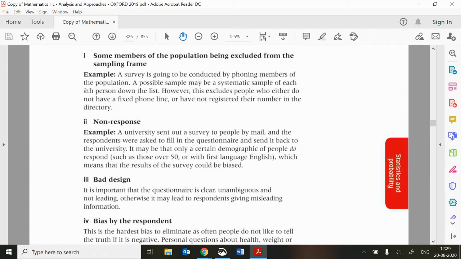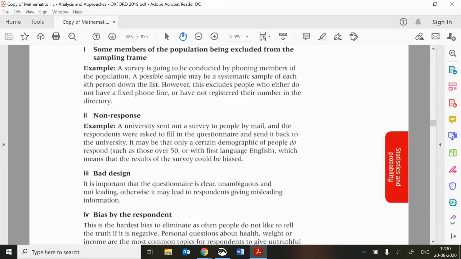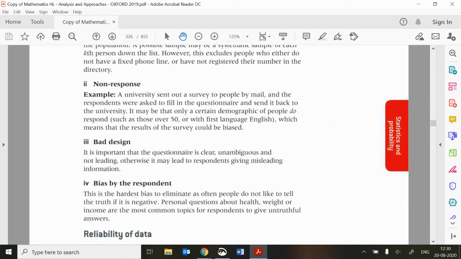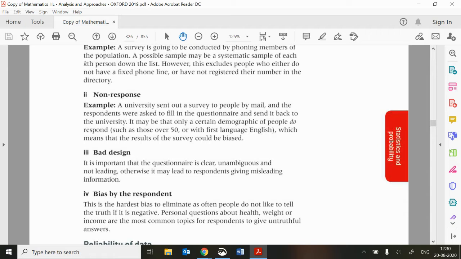Now, non-response is another source of bias. Some people don't respond, and there might be a certain type of people who do respond. It might be that people who respond to a questionnaire which is being sent out are the type of people who like to complain, who are thinking, well, I was going to make a complaint anyway, but this is making it really easy for me.